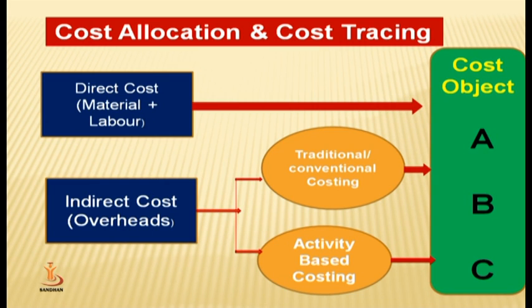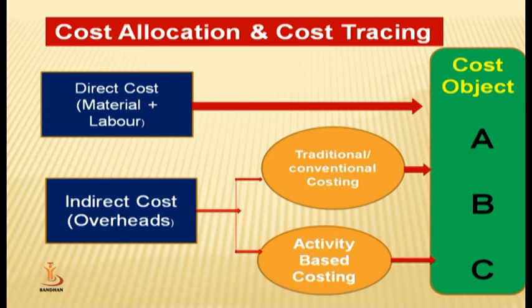Whereas indirect cost or overhead, as it is not directly allocated or traced, for that there are 2 methods to allocate indirect expense or overhead. The first way is the traditional conventional cost accounting method.